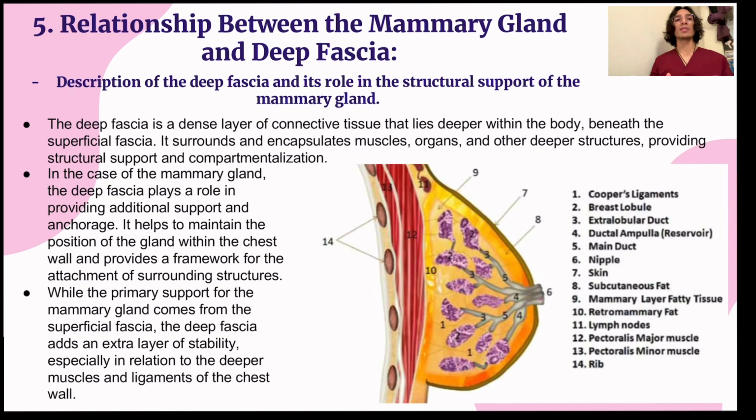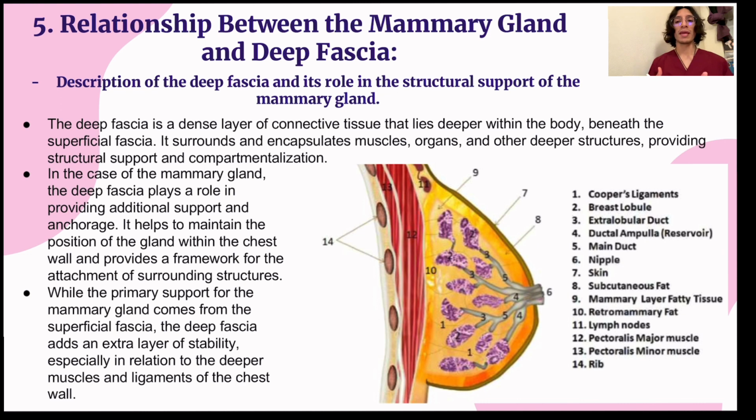Now, relationship between the mammary gland and deep fascia. The deep fascia is a dense layer of connective tissue that lies deeper within the body, beneath the superficial fascia. It surrounds and encapsulates muscles, organs, and other deeper structures, providing structural support and compartmentalization. In the case of the mammary gland, the deep fascia plays a role in providing additional support and anchorage.